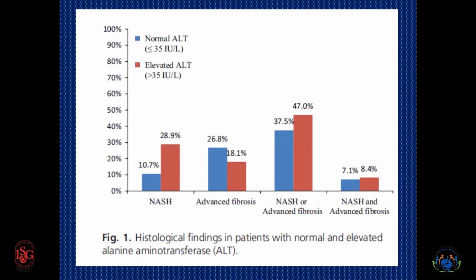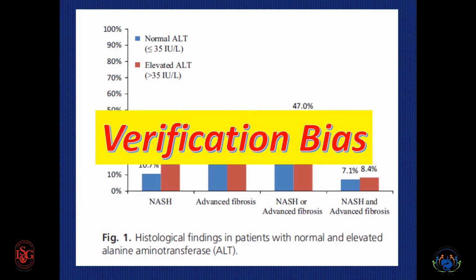But we see that one of the problems is that when the ALT is normal, you don't go and examine these people in detail. So this is what is called verification bias. In many studies you should see whether all the cases have been verified equally, and in the absence of this, verification bias may be there in the studies.